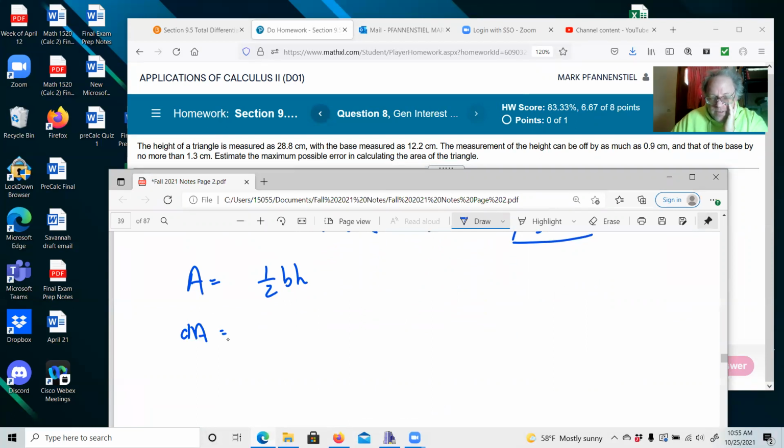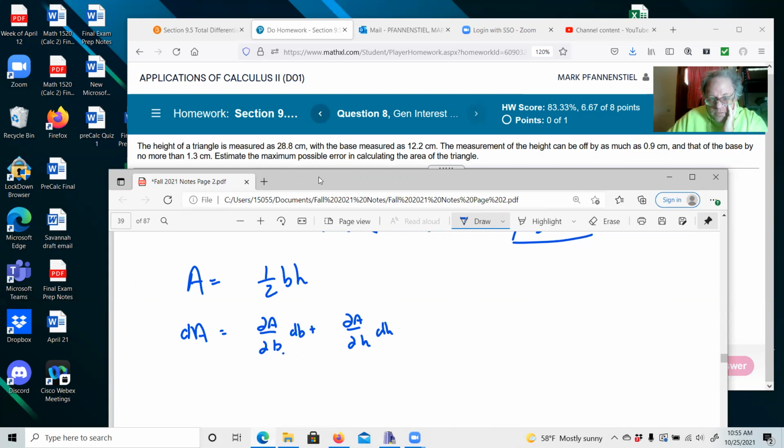So we're going to say this is dA by dB plus dA by dH. Does that make sense that we set it up this way and have our possible error weighted by dB, our possible error weighted by dH? Okay, and we're going to add those together.